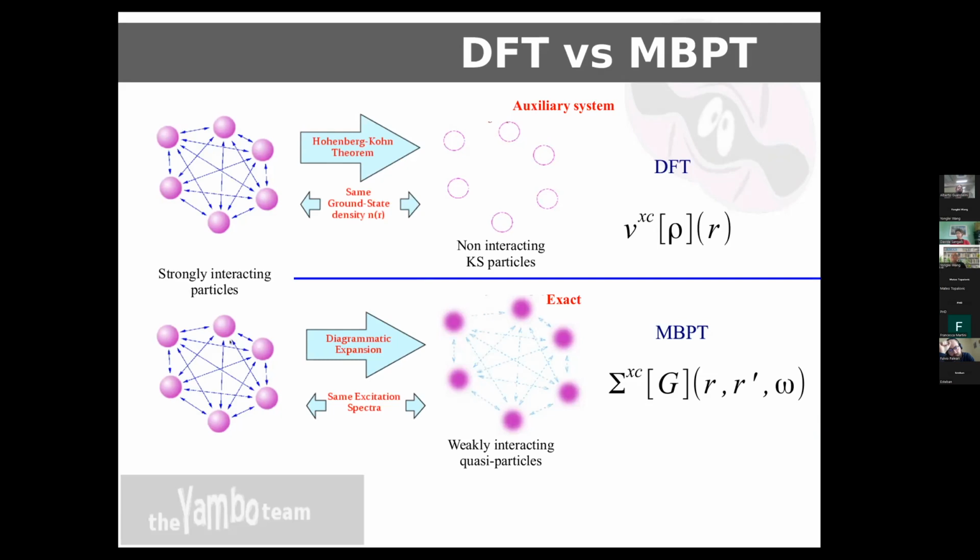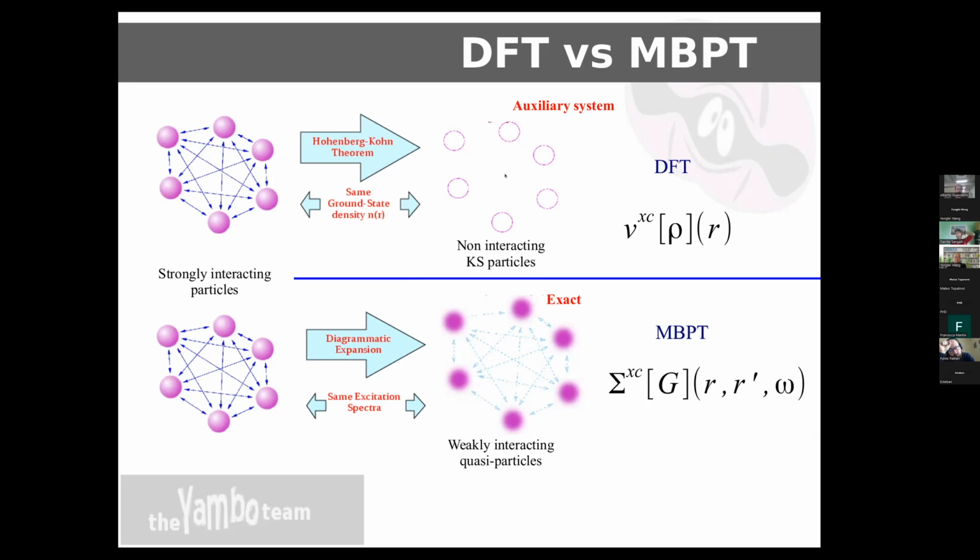In many-body perturbation theory, this interacting system is mapped into another exact representation of weakly interacting quasi-particles. And the price to pay this time is that you have a self-energy, which at variance with the exchange correlation potential is not local in space, and it is dynamical.